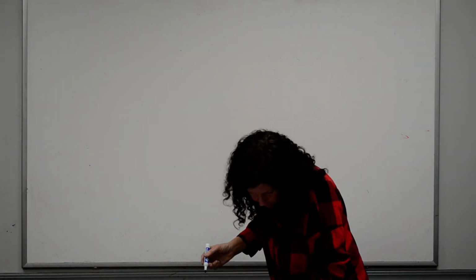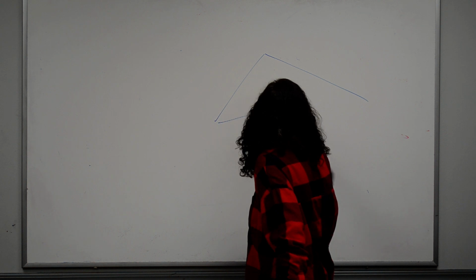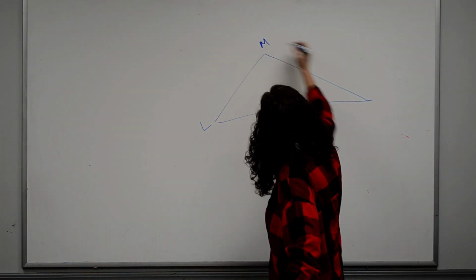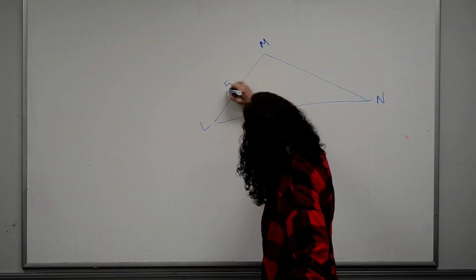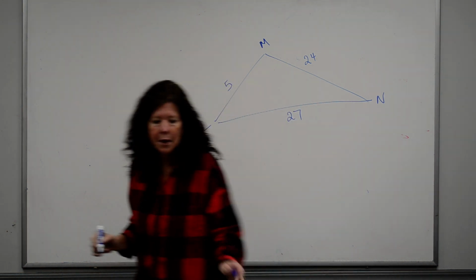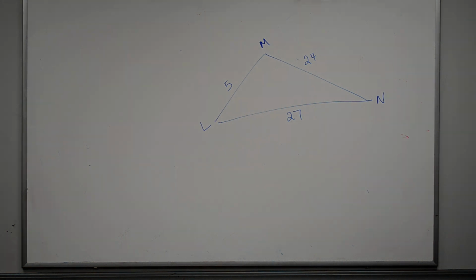And I'm gonna do it up here while y'all are doing it at your desk. All right, solve. In other words, find all your missing parts. And on this, you know, they might be a little bit off because of rounding.